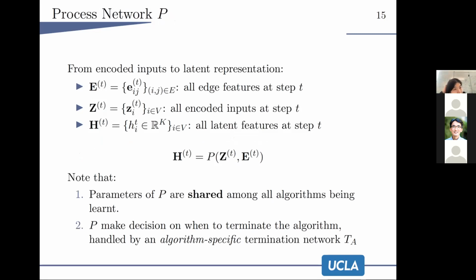Yeah, so there comes the processor network P, which is a shared network among all the different algorithms, because now we are considering multiple algorithms at the same time. And P actually uses all the edge information and all the encoded inputs at time t, and it generates all the latent features at step t.